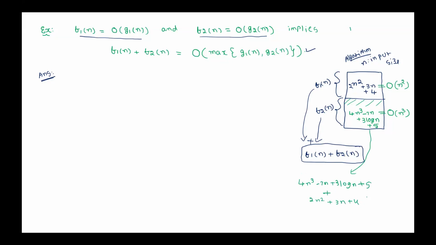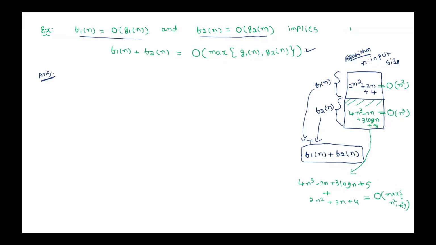This entire thing, is it the same as big O of maximum of n square comma n cube? Yes, sir, it is. So it is simple.